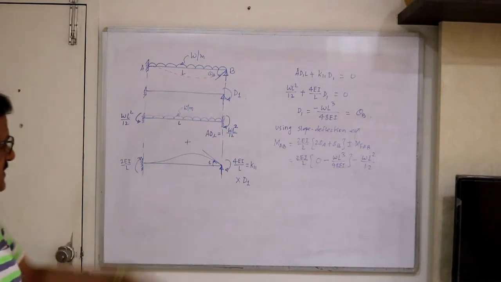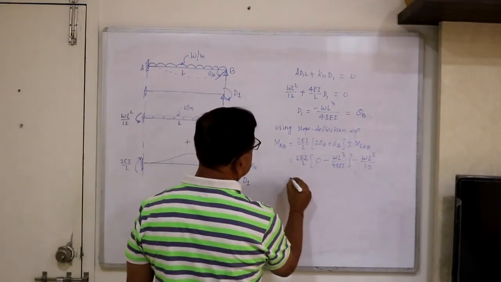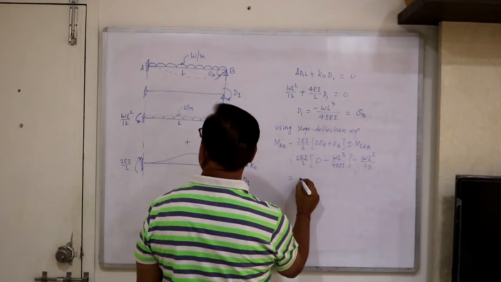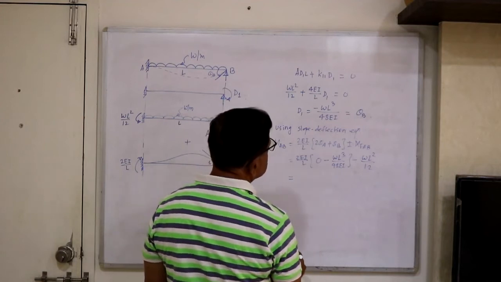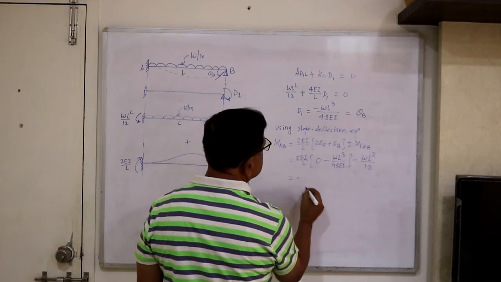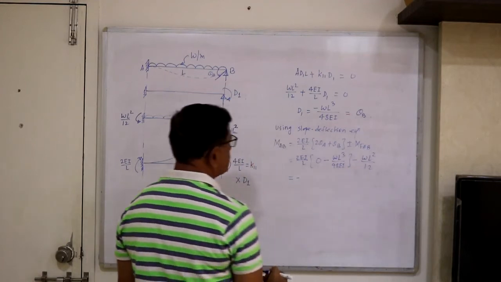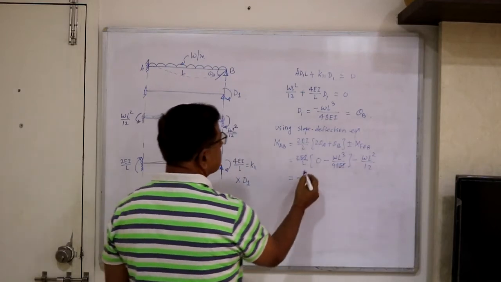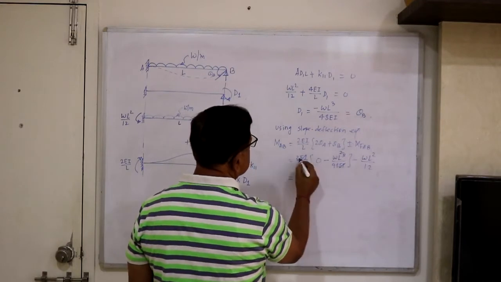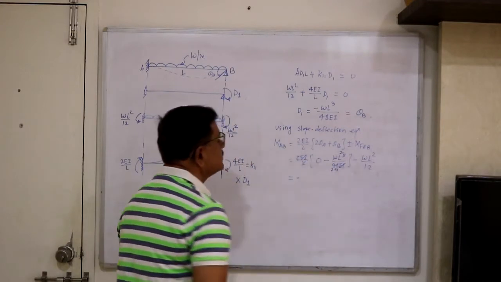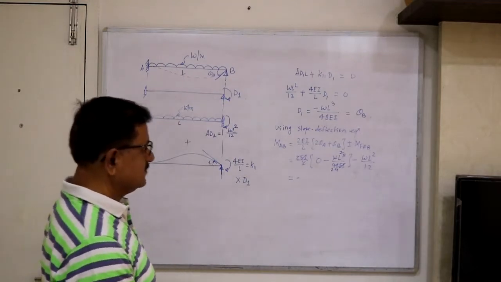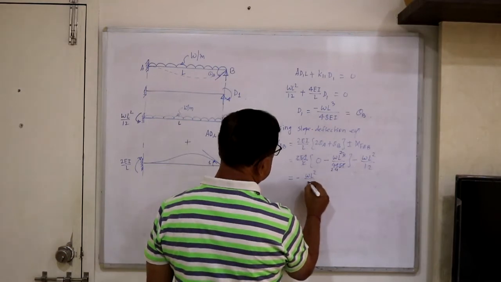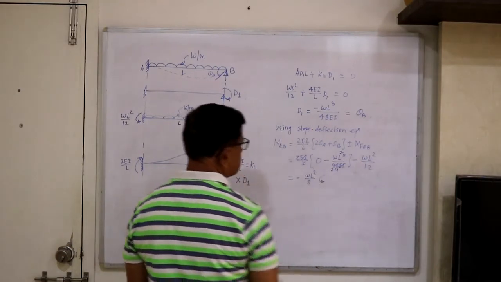So now this you can solve. This MAB will be equal to minus, and this EI gets cancelled, this L becomes square, here you get 24, so WL square by 24 plus WL square by 24, so WL square by 8 you will get, and anti-clockwise, that is hogging.